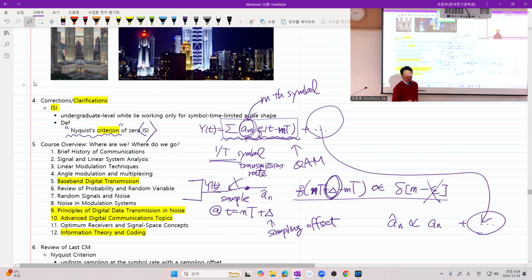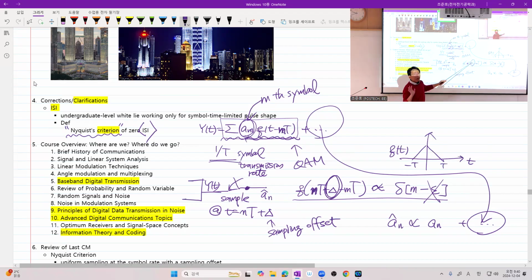And last time I gave you an example when our Q of t is a triangular function with width 2T. And as you can easily see, if you choose delta equals 0, then there is no ISI. So this Q of t is a Nyquist pulse for symbol transmission rate 1/T.